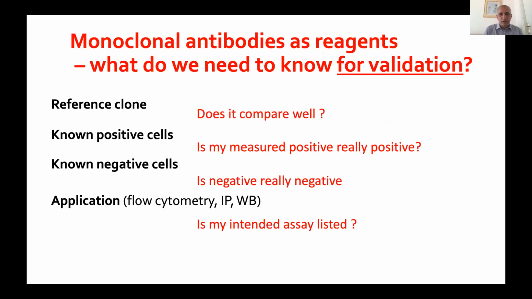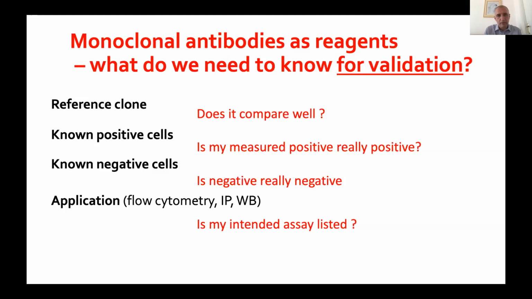For validation, so now if we either conjugate an antibody for CyTOF or we receive a new reagent, we would like to know whether there is a reference clone that should perform in a known way, and whether we can compare our newly conjugated antibody to this reference antibody.